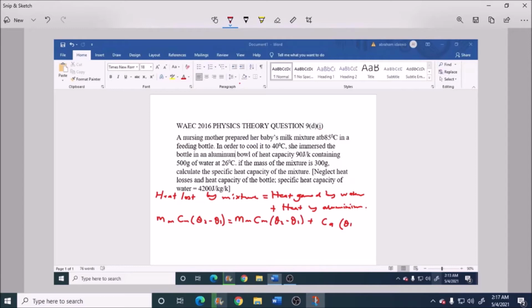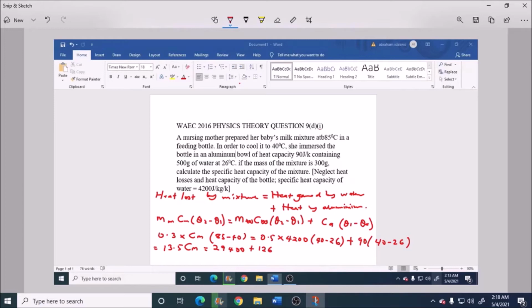So this will give us 13.5 times the specific heat capacity of the mixture, which is equal to 29400 plus 1260. Now making the specific heat capacity of the mixture the subject of the formula, we have 30660 divided by 13.5.